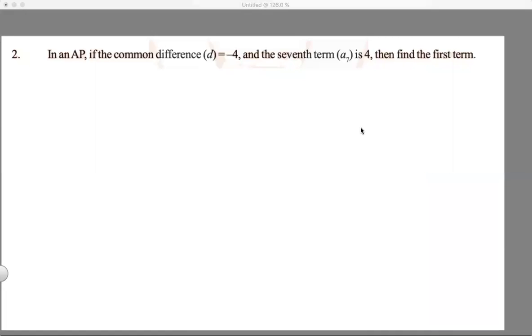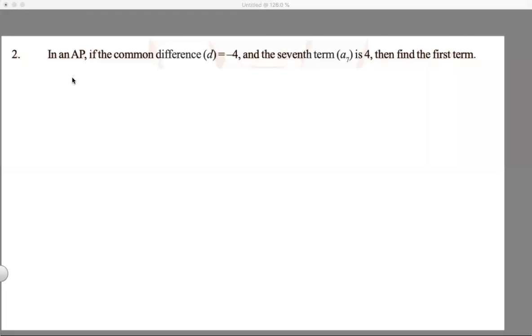In an AP, if the common difference is equal to -4 and the seventh term is 4, then find the first term. So 28. How did we do that?